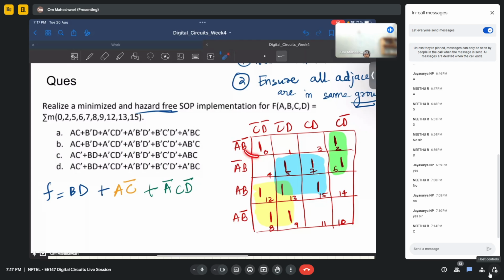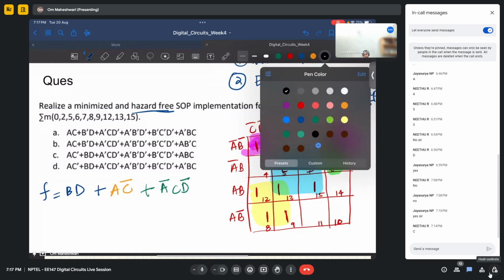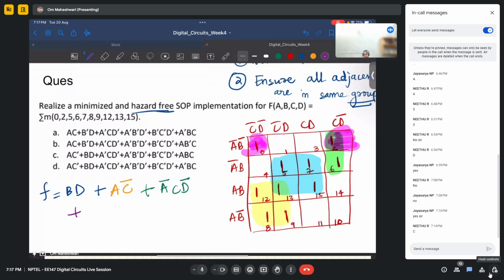We can group it either with this or with this. So let us group it here. This group is plus A bar B bar D bar.